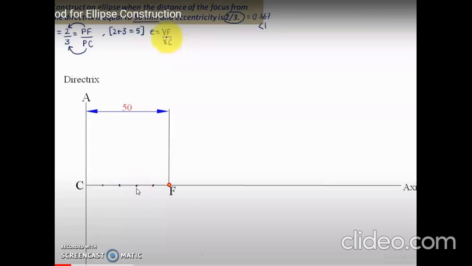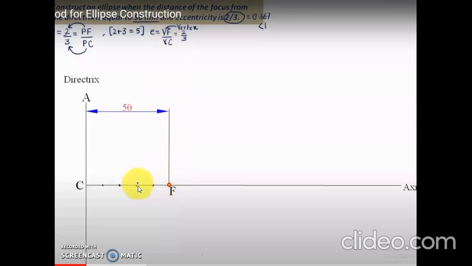Why do we mark the vertex point at point 3 only? The eccentricity value is given, that is 2 by 3. Here 2 is the numerator, so we calculate that value from the focus point: 0, 1, 2.